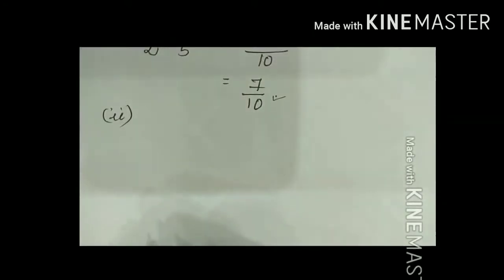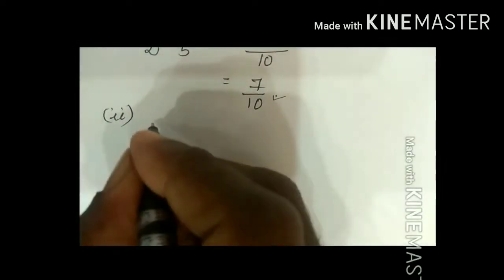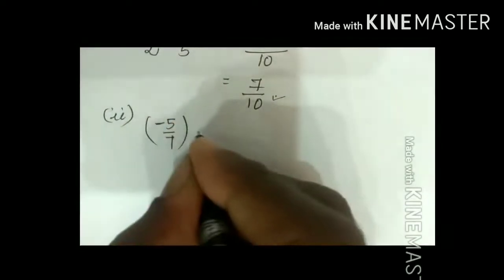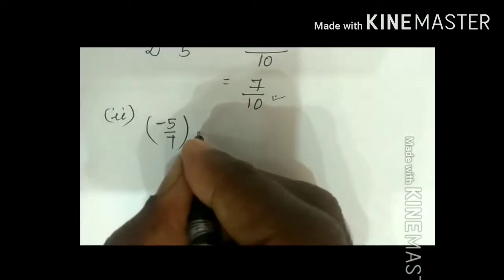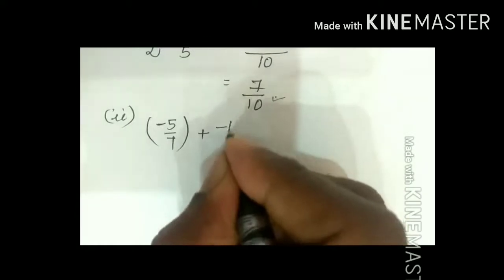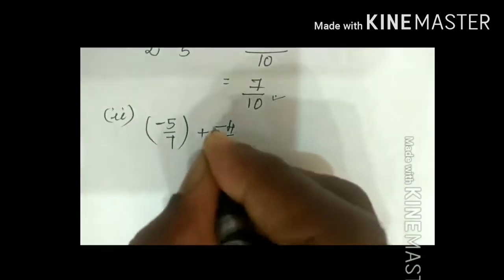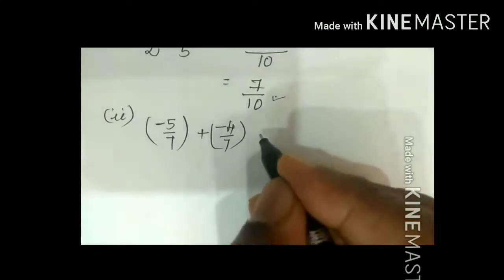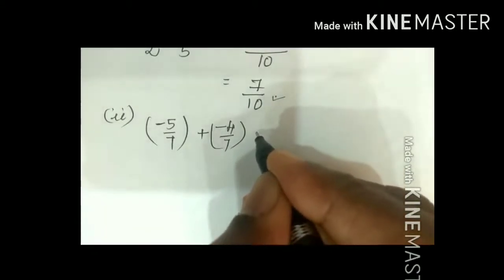Again, I am going to add two other rational numbers, minus 5 by 7. See here, it is minus, so minus integers should be inside brackets, plus minus 4 by 7. So we're going to add two rational numbers, minus 5 by 7 plus minus 4 by 7.